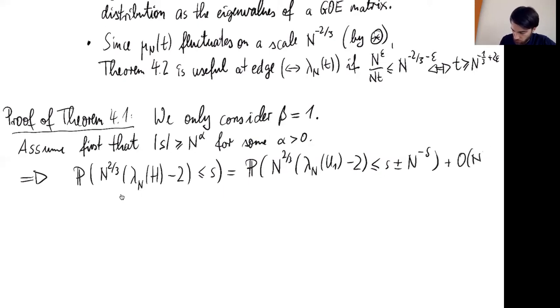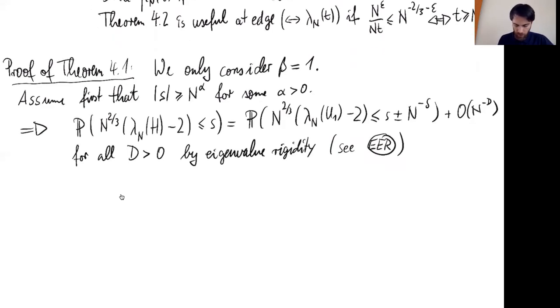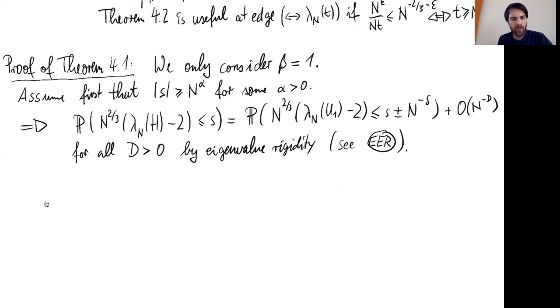And this actually holds, this is of order n to the minus d for all d positive, and that just comes from the eigenvalue rigidity of the largest eigenvalue, which holds, of course, for the GOE and for the Wigner matrix. So this is what I stated in the morning, in the beginning. That was this edge eigenvalue rigidity. So this case was simple. The other one needs more work.